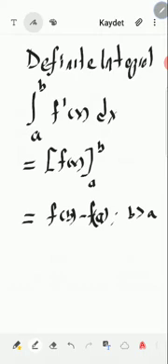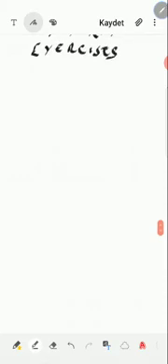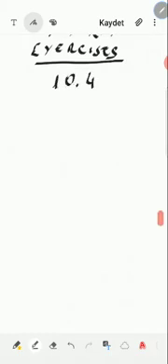Let's have some exercises. Exercises 10.4. Let's have the first one, 1a.